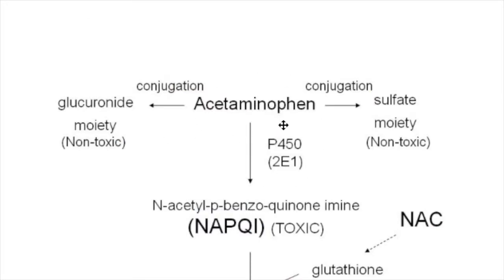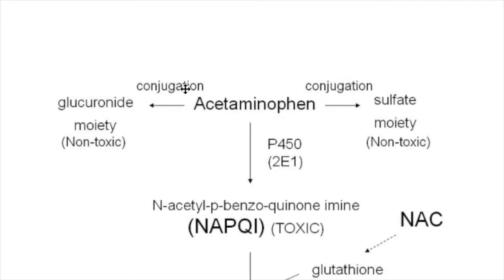In alcoholics, the acetaminophen toxicity does not occur when the alcohol is in the system, but the toxicity occurs during the withdrawal period, that is about 18 to 36 hours after stopping alcohol. Because alcohol does two functions. Number one, it induces one of the isoenzymes of cytochrome P450, that is 2E1. It induces that, and also it inhibits the acetaminophen metabolism.